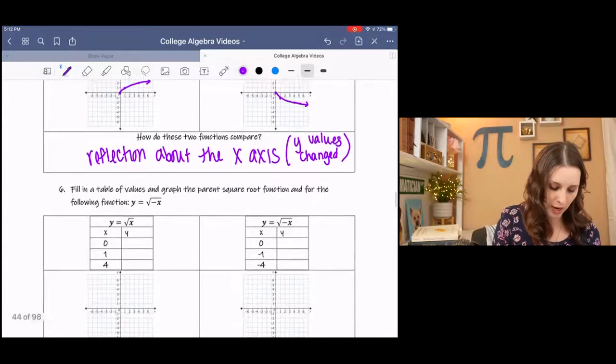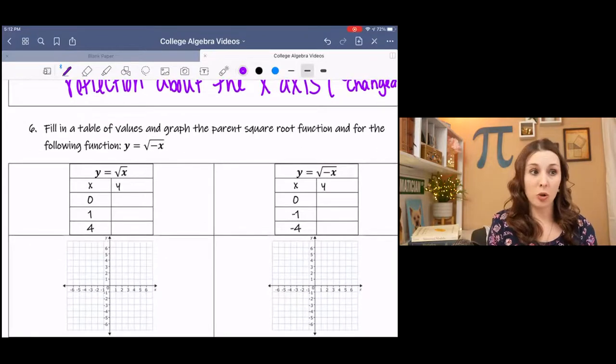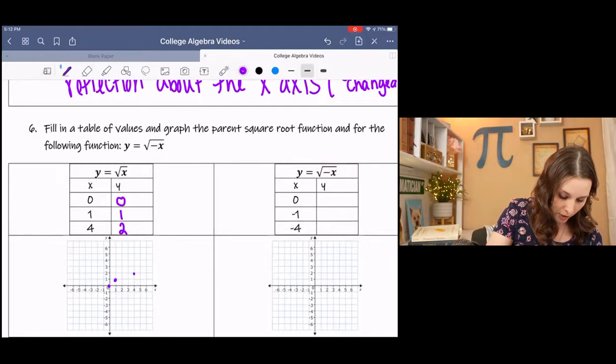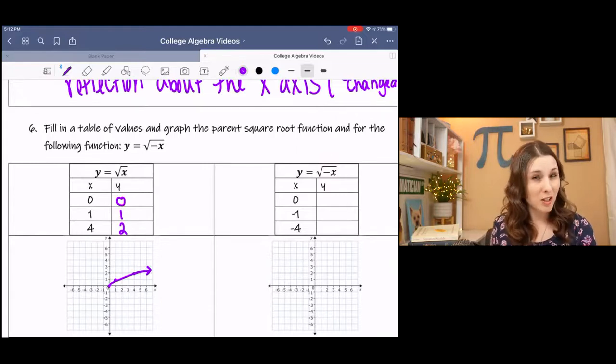In the next one, we have the negative inside the parent function. So we are going to, again, write these values for our parent function. We're going to graph it. We know what it looks like because we've already done it. And then you'll notice that I didn't use any negative x values.